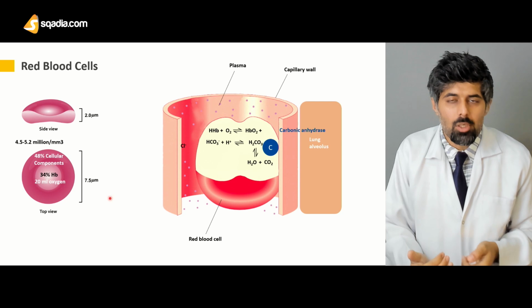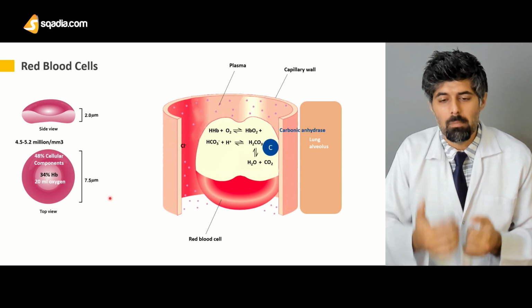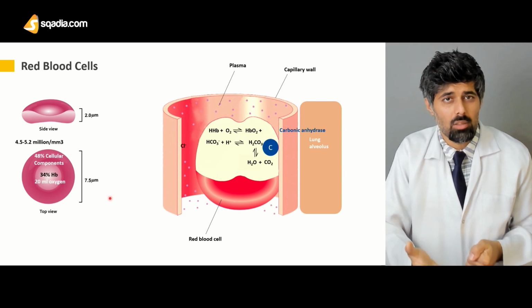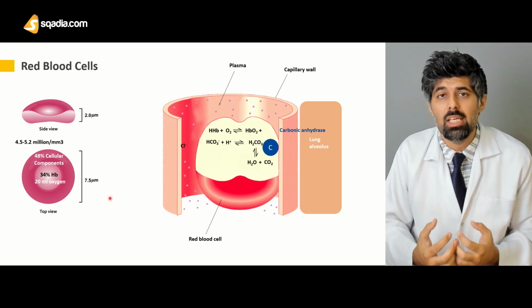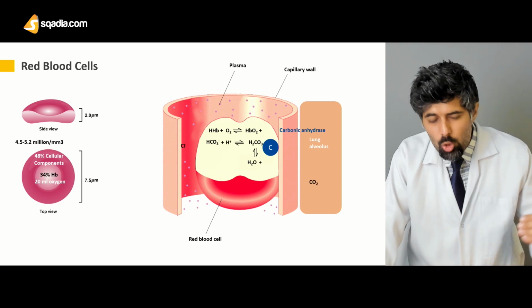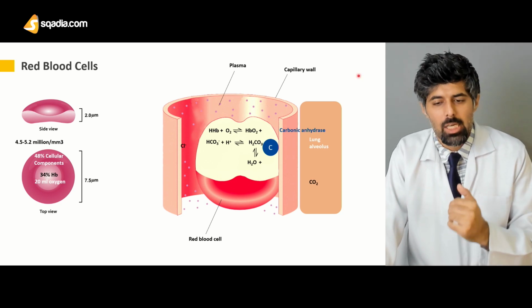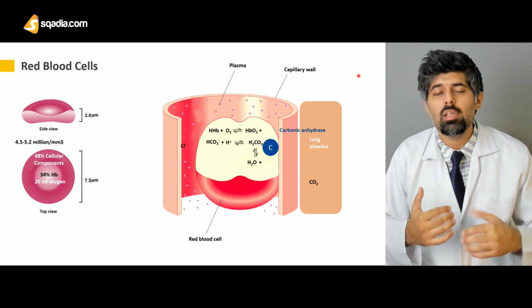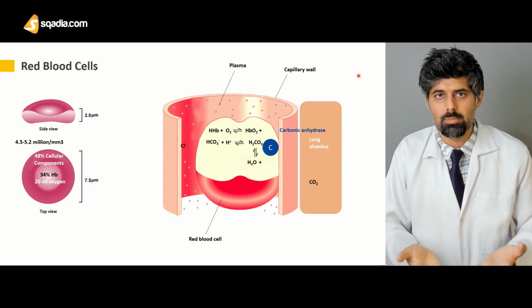When that carbon dioxide is released by the carbonic anhydrase from the carbonic acid, it simply diffuses out along the respiratory membrane into the alveoli. From there, it is expired out.